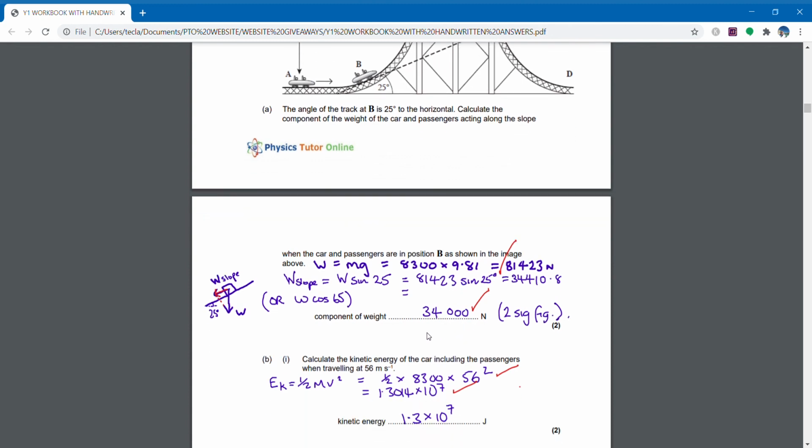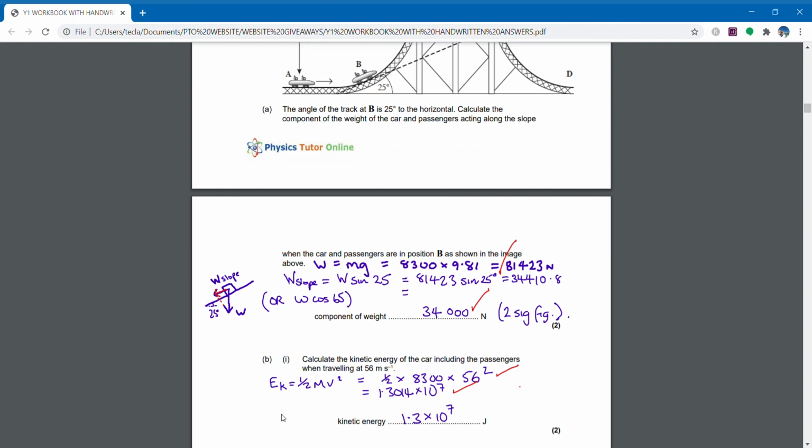And then we're going to find W slope, the component of the weight down the slope, from W sine 25. So it's 81,423 times sine 25 degrees, and that's 34,410.8 or 34,000 newtons to 2 sig fig.